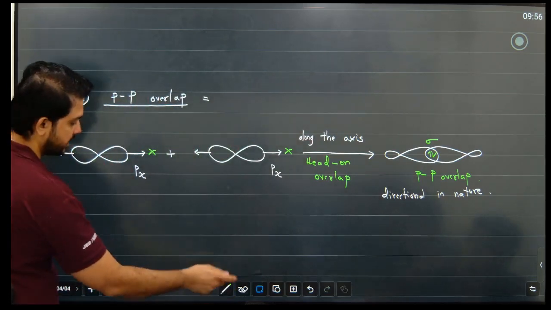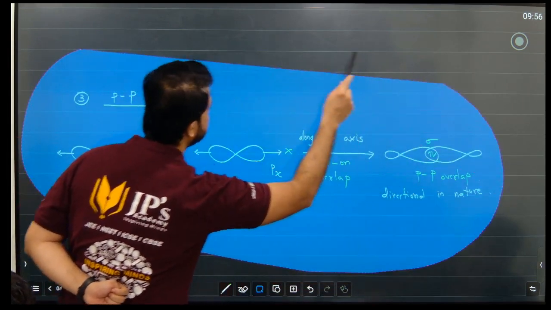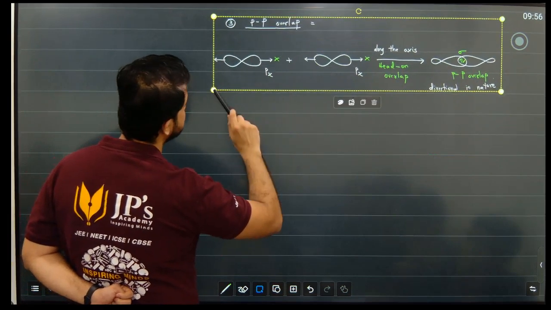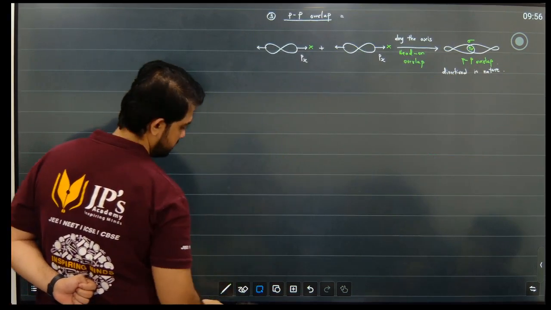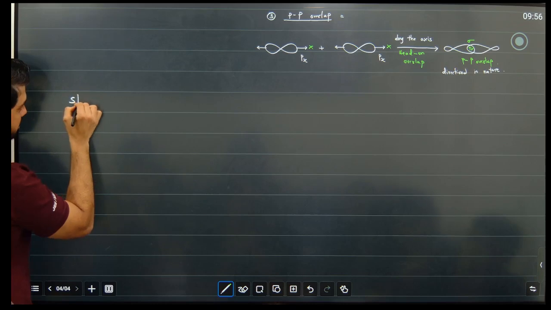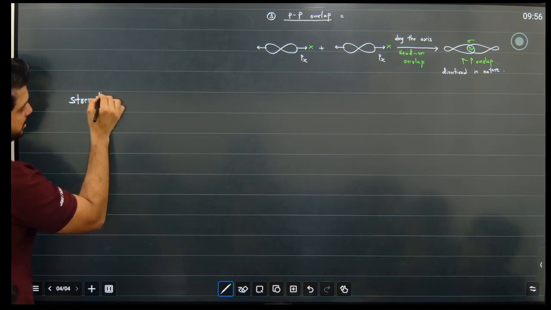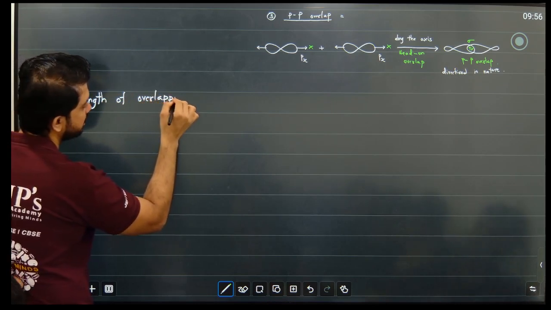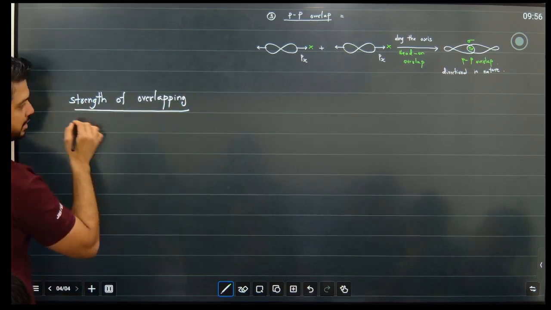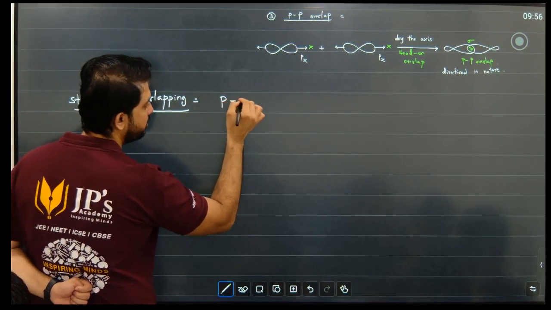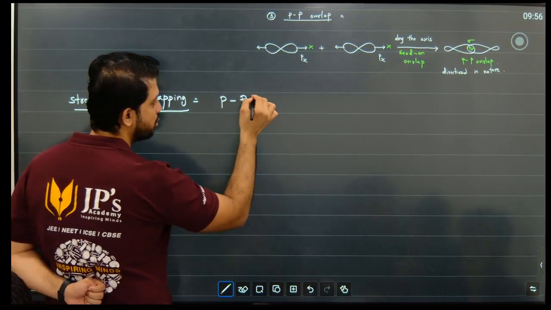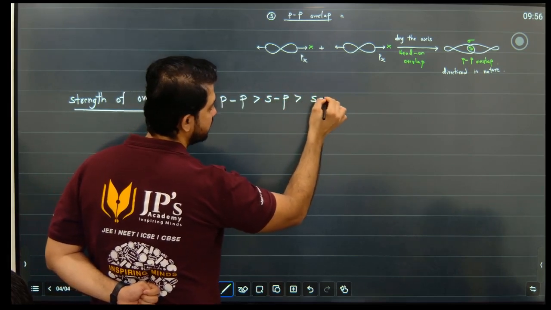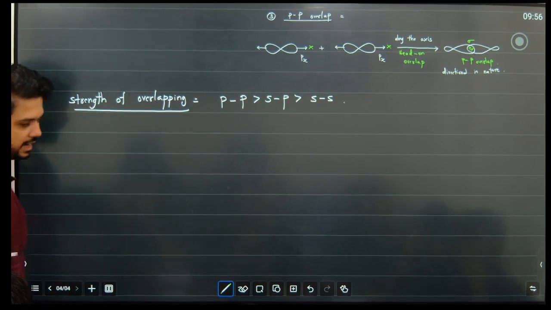Now when you compare the strength of overlapping, PP overlap is stronger than SP overlap, which is stronger than SS overlap.